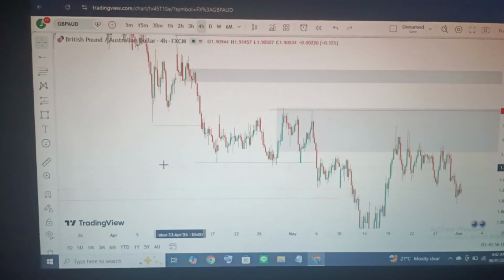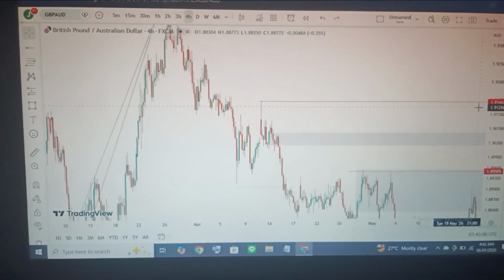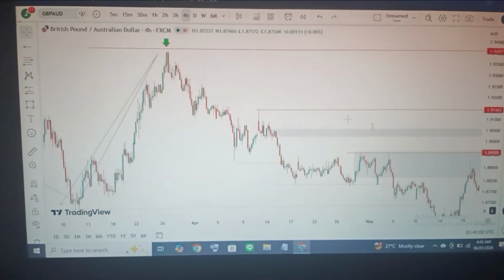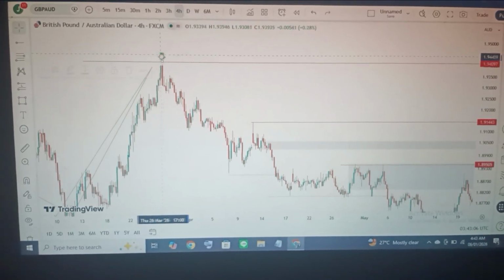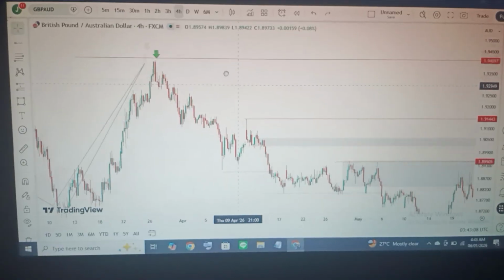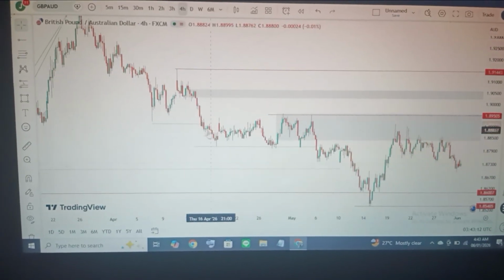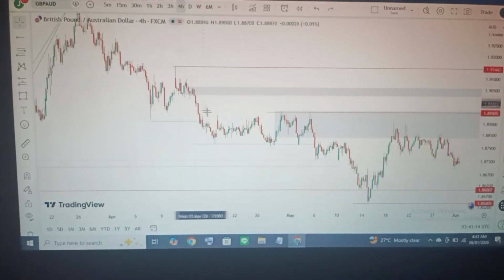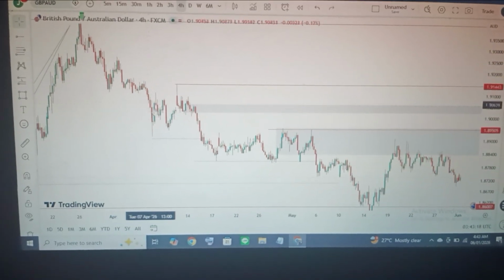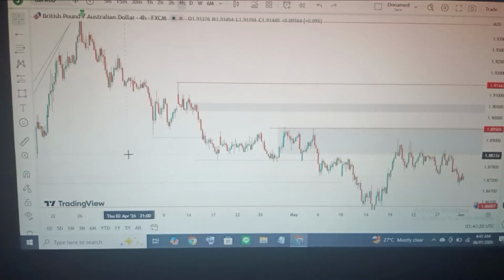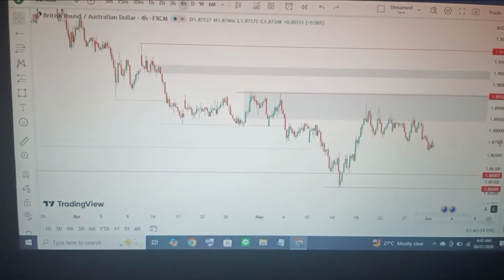Now if we come to the weekly, this was the origin of the daily trend. I said structure varies from time frame to time frame, so what we want to focus on here is the daily range. For the sake of simplicity, we want to focus on our trading range.